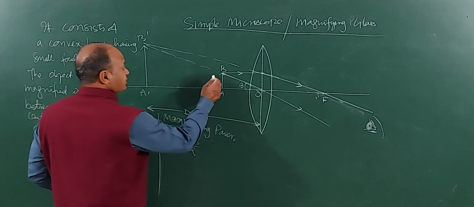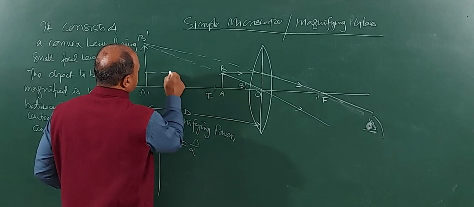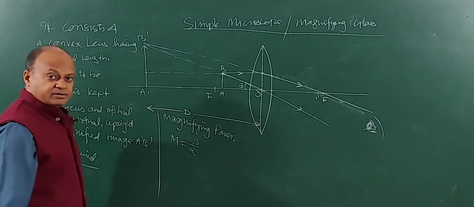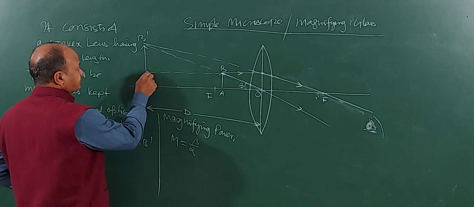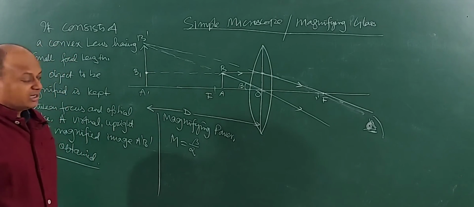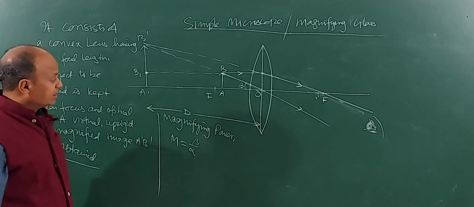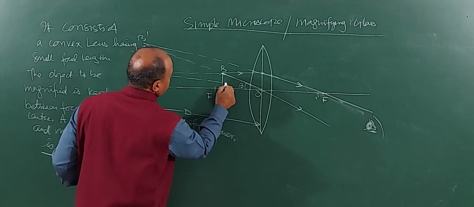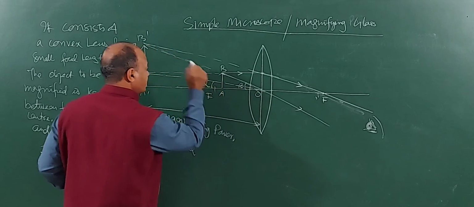So I'll draw a line parallel to the principal axis here and passing through the point B. So I can say like this, let's say this point is B1. Then I can say that if this object was placed at least distance of distinct vision, then this object will be subtending what angle? Children, see here. This object will be subtending this angle, and this angle is what?